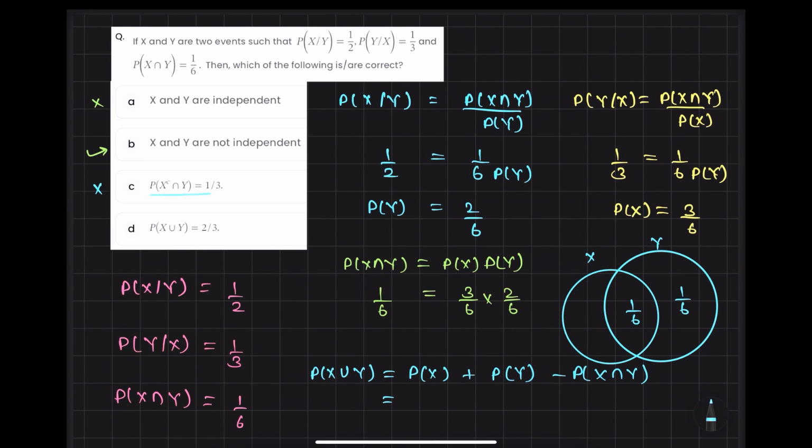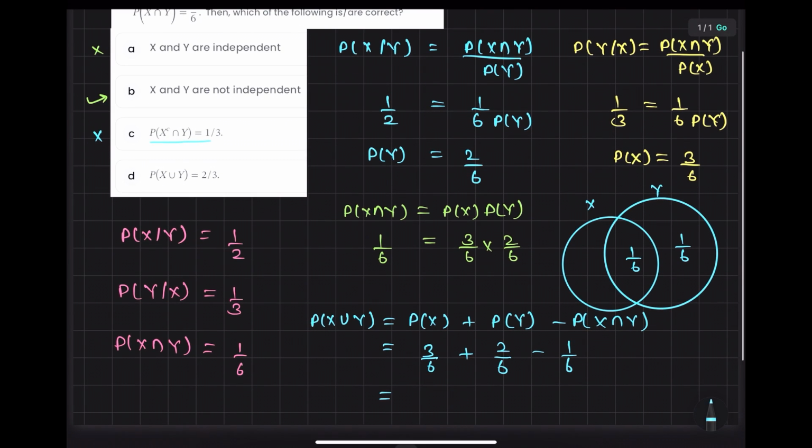P of x is 3 by 6, plus P of y is 2 by 6, minus x intersection y is 1 by 6. So it is 3 plus 2 minus 1, which is 4 by 6. So it is 2 by 3. This means option D is correct.